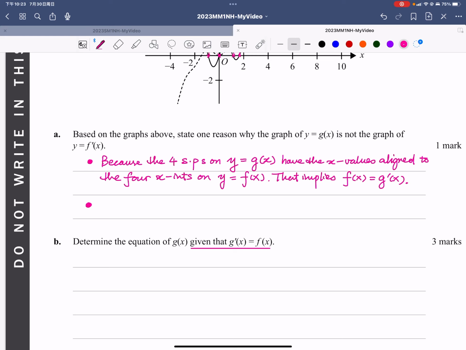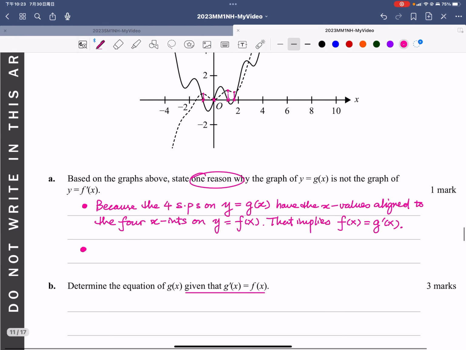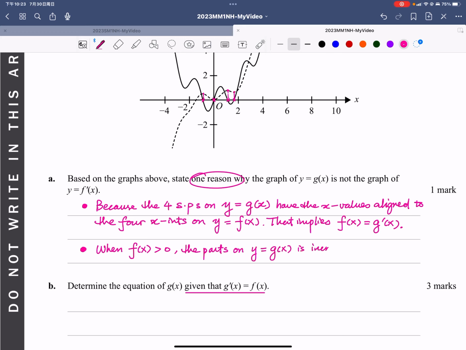Alternatively, it's just one reason. So we could also say when f of x is greater than 0, the parts on y equals to g of x is increasing.